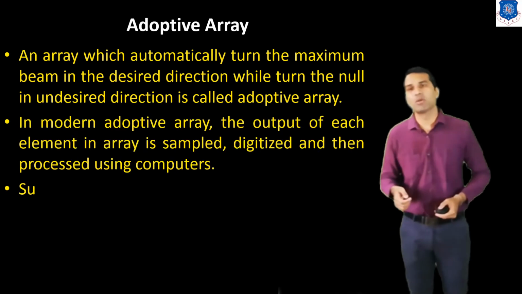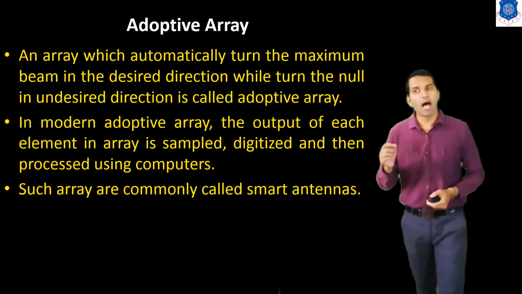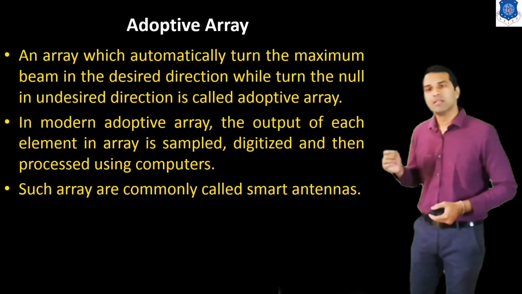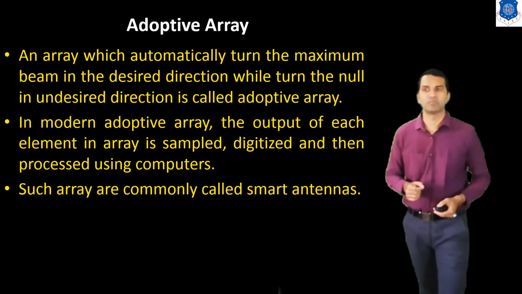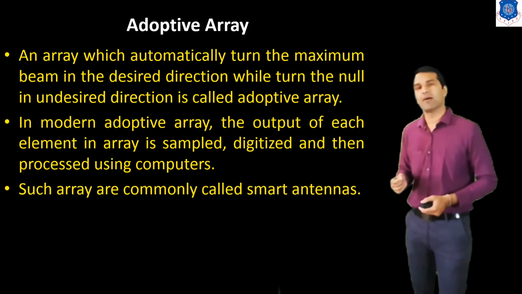So this is the adaptive array. In the modern adaptive array, the output of each element in the array is sampled, digitized, and then processed using a computer. Such arrays are commonly called smart antennas.